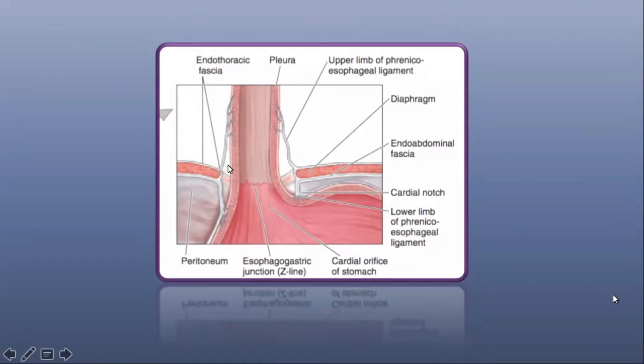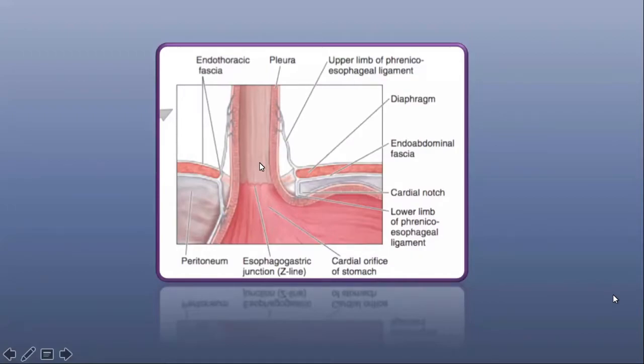What is the purpose of this ligament? This ligament permits independent movement of the diaphragm as it takes part in your respiration and the function of your esophagus during swallowing. So 2 independent movements, swallowing here and respiration. That's the function of your phrenicoesophageal ligament.